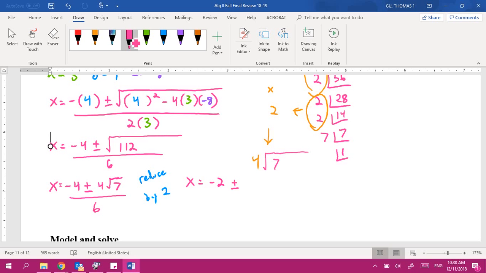So you change that 4 to 2? Yes. 2 times the square root of 7. That's right. Just like that. You don't touch the number inside the square root, right? You only change the number on the outside of the square root. Okay? And so that would be your answer. X equals negative 2 plus or minus 2 square roots of 7 over 3.